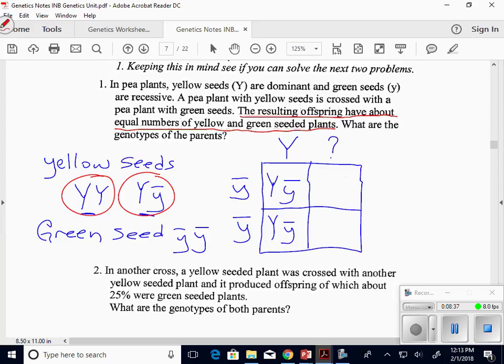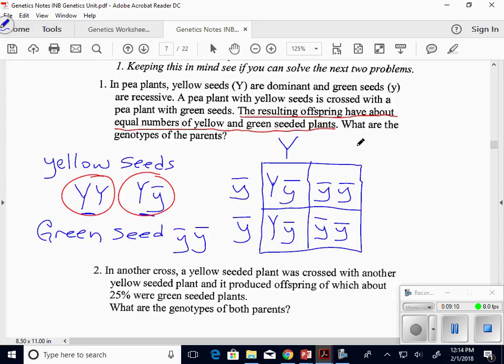So that's telling me that I have equal amounts of green and yellow. Well, if these 2 are yellow, what must these 2 be? Green. How are they going to be green? They're going to be lowercase y, lowercase y. So, what does my question mark have to be? It has to be a lowercase y.